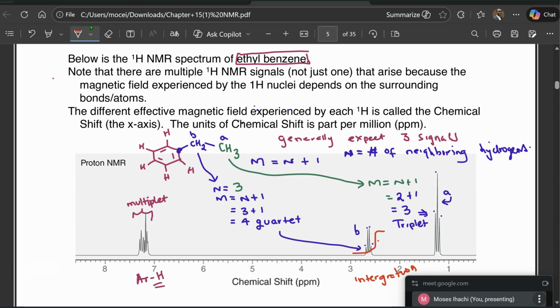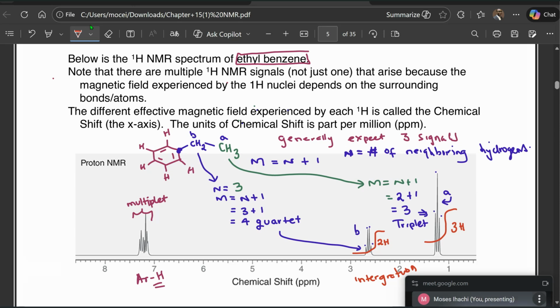So this one, the number of hydrogens will be 2. Okay. 2 hydrogens created that signal. There's a difference between peak and signal. So for this one, the integration will be what? Would it be 3? Thank you.